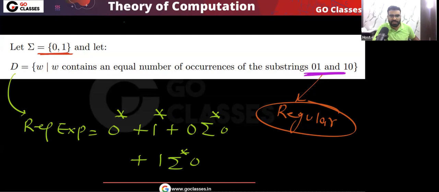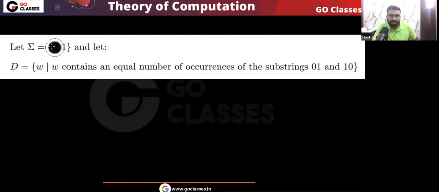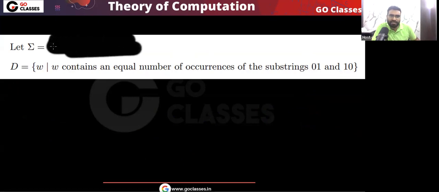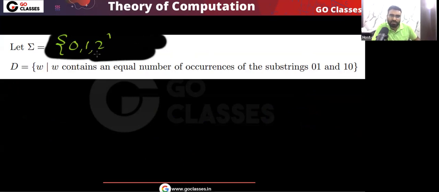Now let me give you a very interesting variation. Let me make them independent. Can I do that? See, if I make the alphabet equal to {0, 1, 2}, now notice what will happen. Just with the help of this extra symbol, I have made them independent.